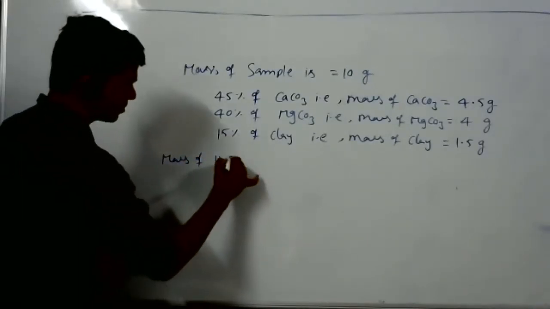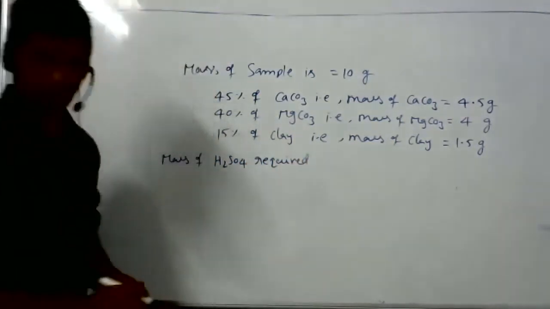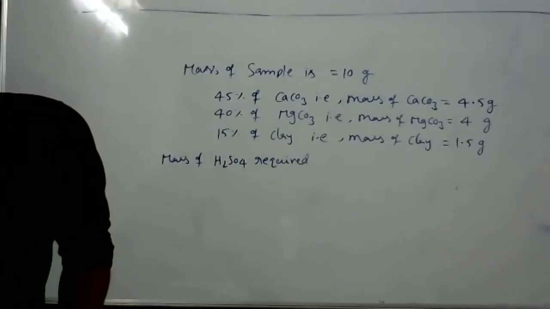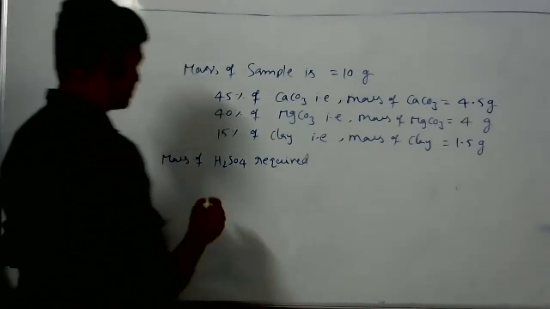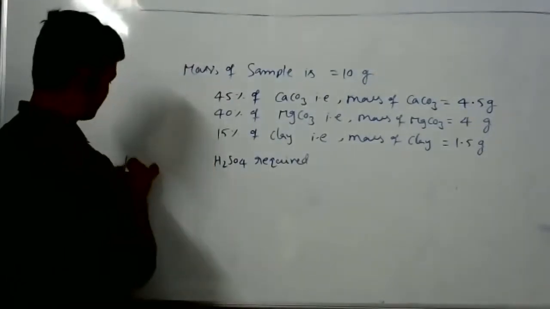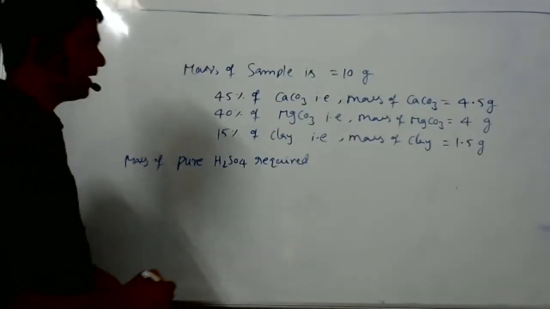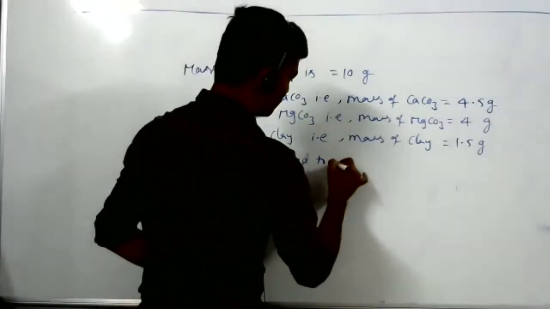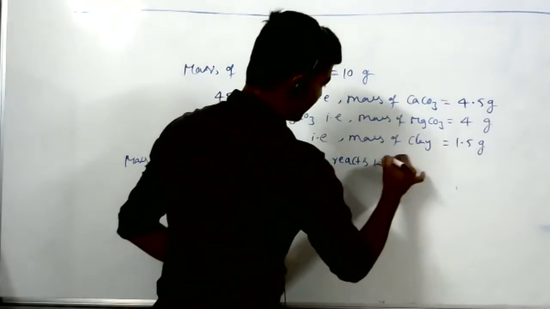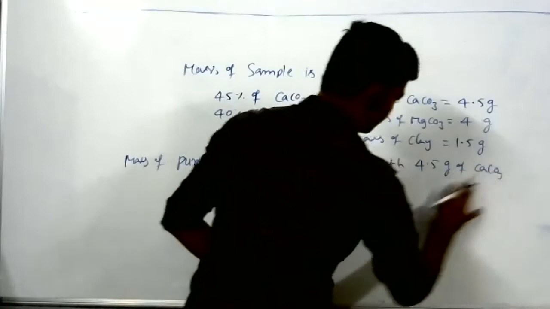First, the mass of pure H2SO4 required to react with 4.5 grams of CaCO3. Sulfuric acid is 30% strength. So calculate this.